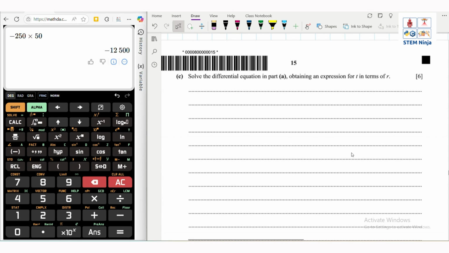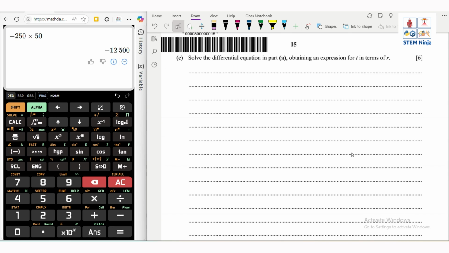Solve the differential equation in part A, obtaining an expression for t in terms of r. So what we can do over here, we know that dr over dt, we wrote it as 5r squared over 50 minus r. Now when we have to separate the variables, we get 50 minus r over 5r squared dr equals dt.